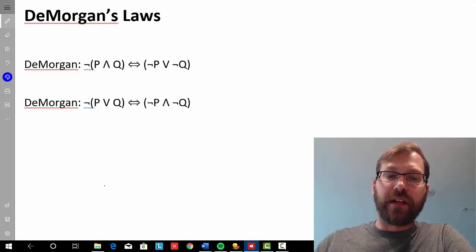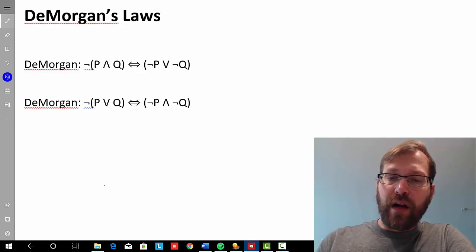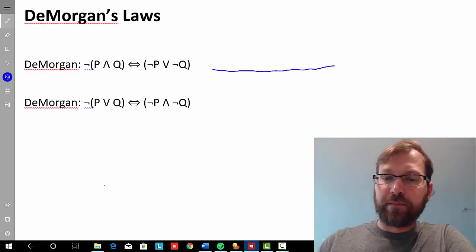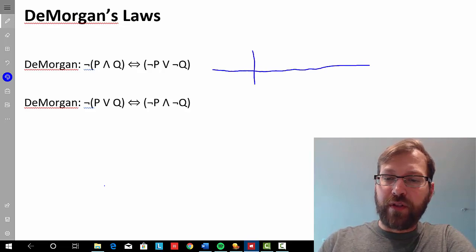And in fact, we can even prove that by using a truth table. So we can make a joint truth table.